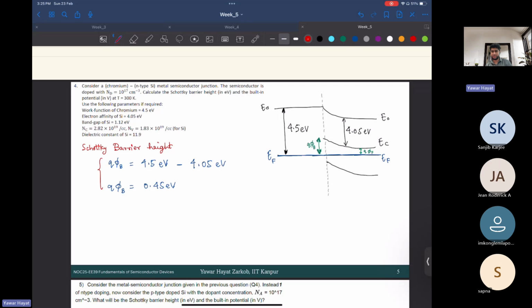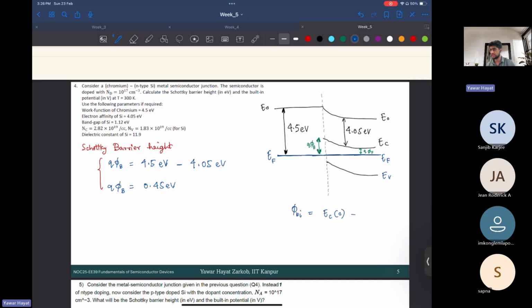What is built-in potential by definition? Your built-in potential, qΦBI, is equal to EC, or take any one among them, EC, EV, or Ei.